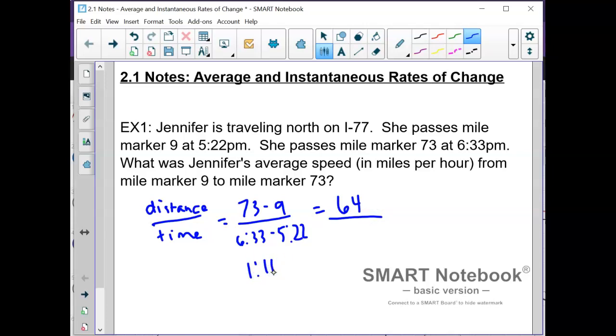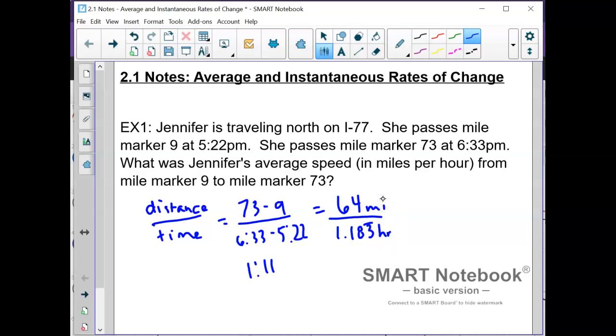But of course, whenever we want to know miles per hour, we can't put in hours and minutes. So let's convert those minutes to hours, and we can do that really easily just by doing 11 divided by 60, which is going to give us 0.183 repeating. So this is actually 1.183 repeating hours, and this is miles.